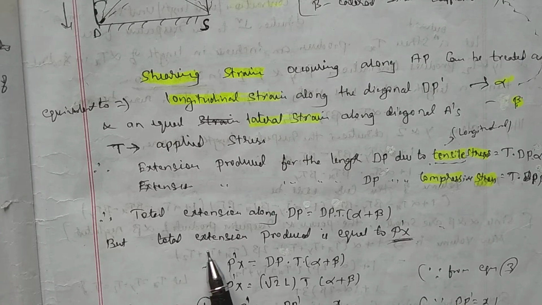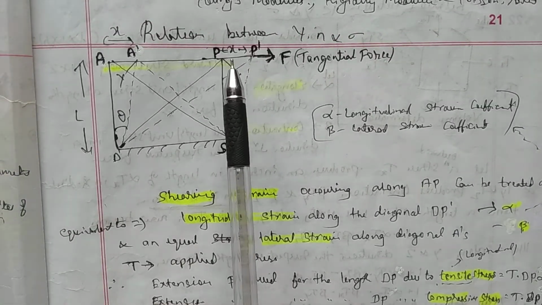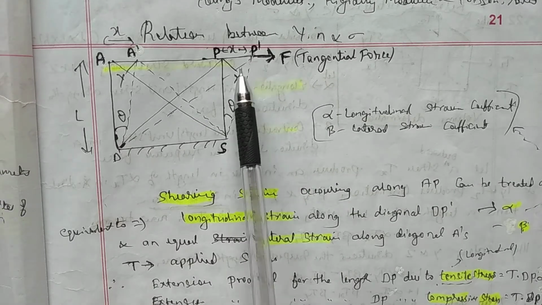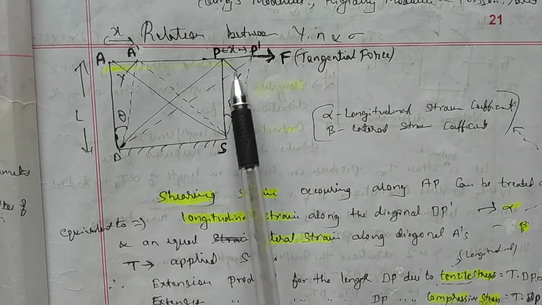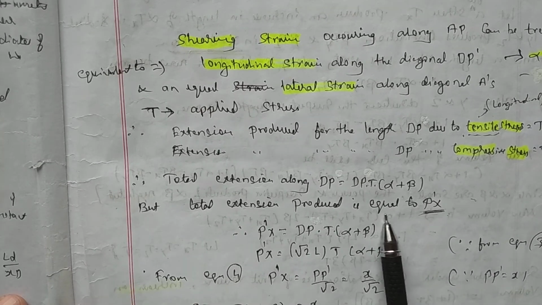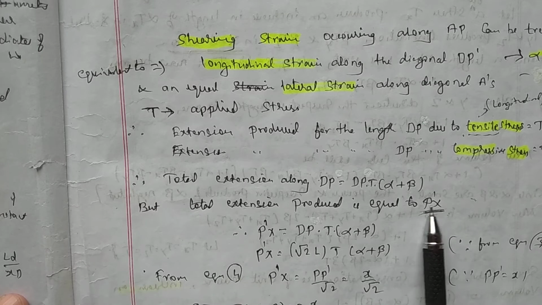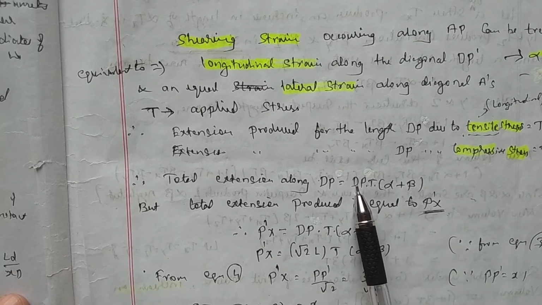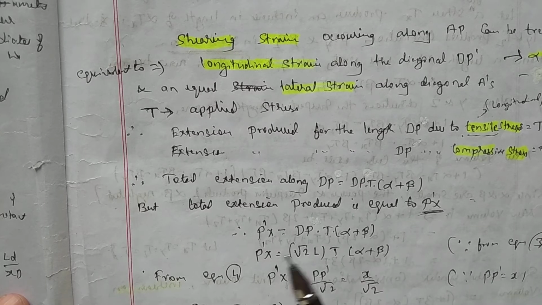But from the diagram we can observe the total extension produced is P dash X. So P dash X is the extension which is produced along the diagonal DP dash. Practically the total extension produced is P dash X. Therefore we equate P dash X to DP into T into alpha plus beta.